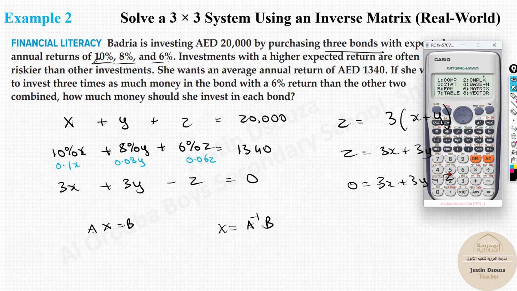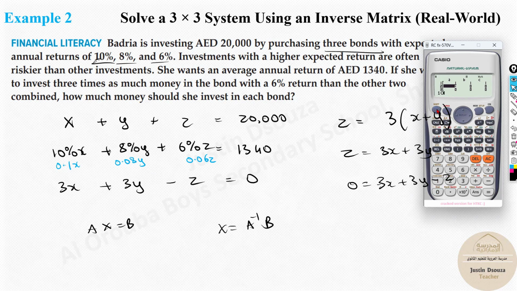Now look at this. When we had two equations, we used the first option, x and y variables. Now we have three variables, x, y, z, so take option 2. You'll have three equations. So what are the coefficients? It's 1, 1, 1, and we have 20,000. So that is the first equation. And now what about this?